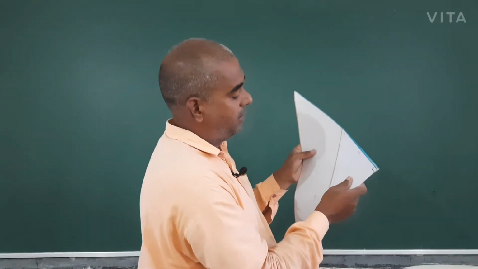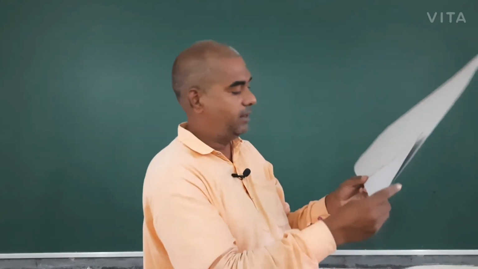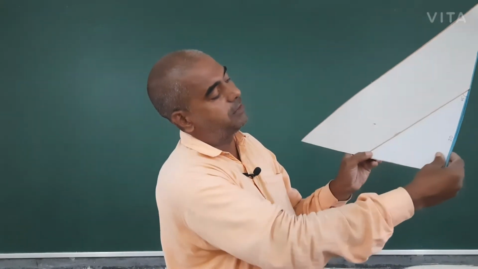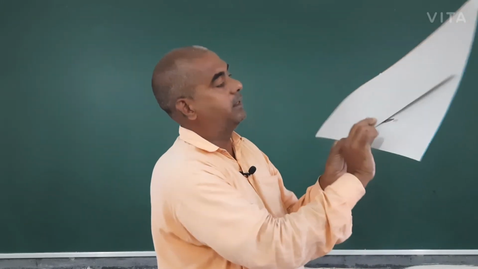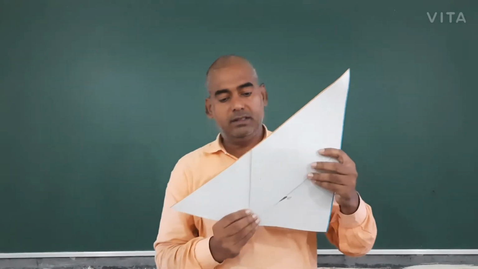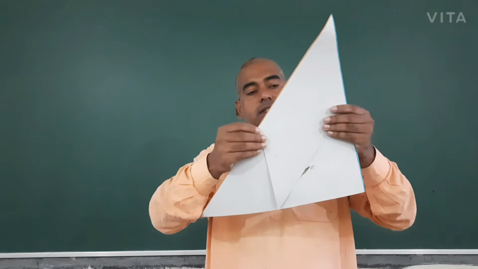Actually this is a double. I don't have a pen. This is the double of this one, the complete double. You can move it here like this. All the sides are double.